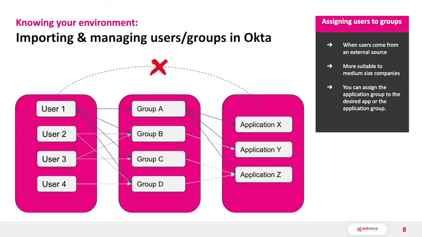We assign the users to groups, as we normally do, and those groups are assigned to the proper applications. I would advise against making manual assignments, because then we're probably going to end up with legacy users with legacy permissions, and that will generate, on the one hand, potential security issues, and on the other, losing control of managing users in a semi-automated way. For example, classifying users into groups.